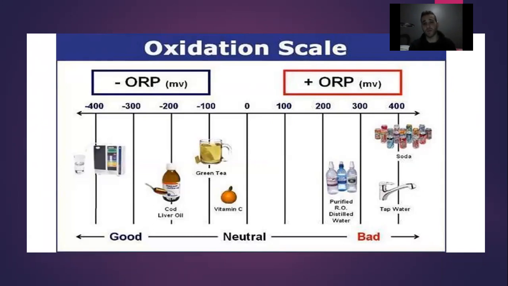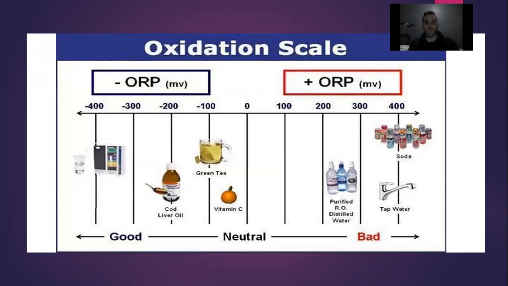One thing to keep in mind is the scale is logarithmic as well, just like the pH scale. Every time you increase, so let's say you go from 0 to negative 100, that is 6.9 times more negative. From 0 to negative 200 is 6.9 times 6.9.